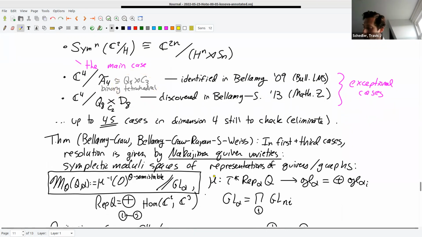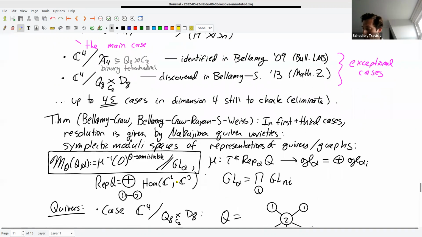And this is a full classification up to 45 cases in dimension 4, which we still have to check or eliminate. Okay, but the point is that except for this second one here, this first one, we can resolve by quiver varieties, by Nakajima's construction. And recently we proved that we can also resolve the third one by the same construction.